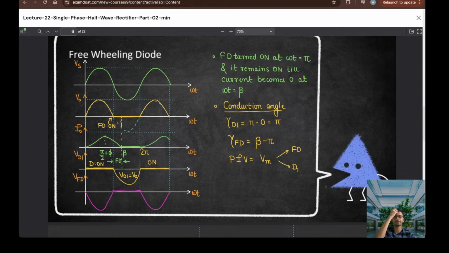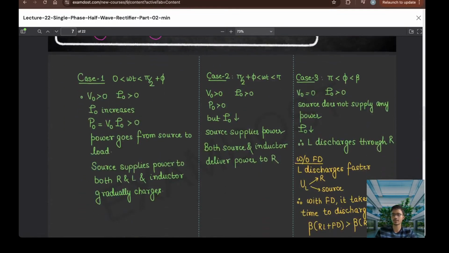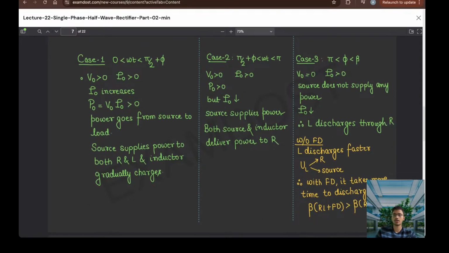So it will conduct from pi to beta. The conduction angle of T1 would be pi, the freewheeling diode would be beta minus pi, and PIV is obviously VM. This is not a confusion to take on.